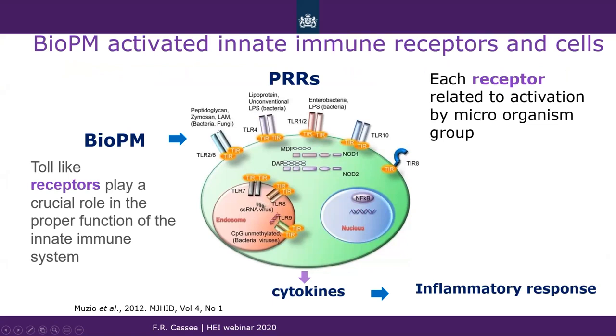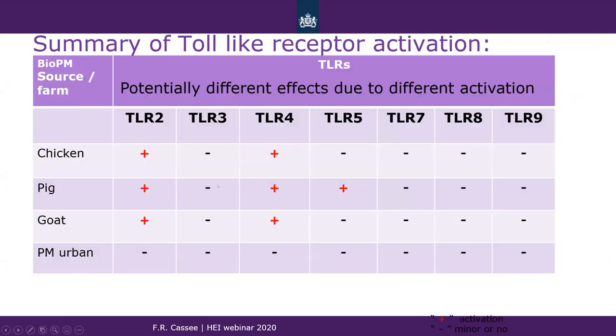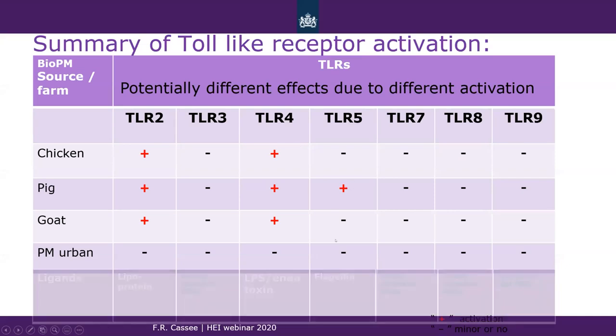And when you block the receptors, you can identify which receptor is activated by which PM. So you then get this summary table that for chicken, for all three types of farms, you get an activation of two toll-like receptors, as they call them, but only for pig you see that TLR5 is activated.